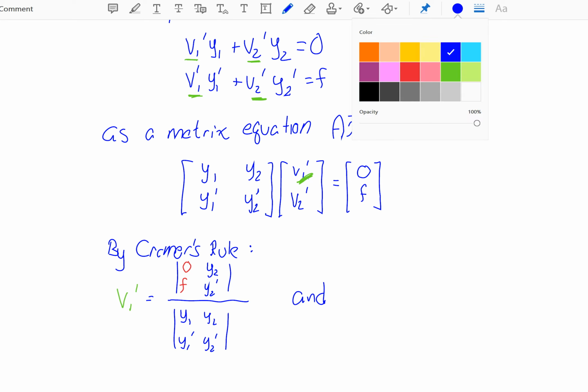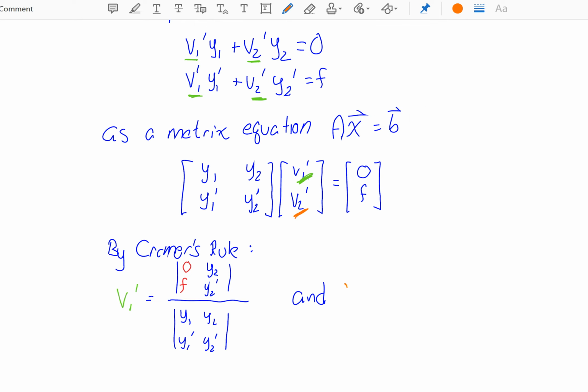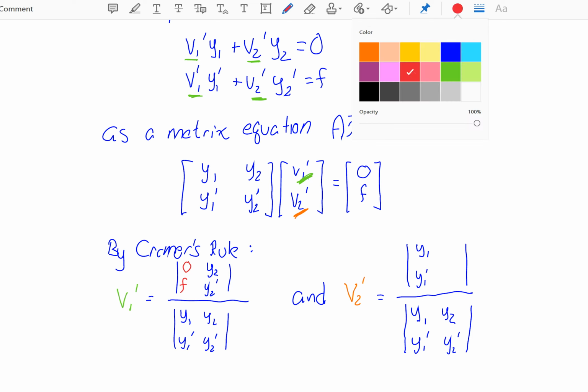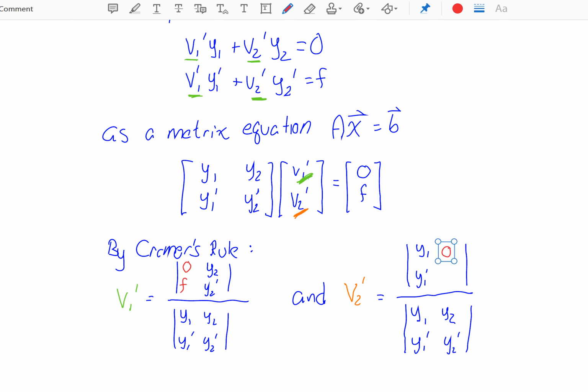Similarly, let's write an expression for v2 prime. v2 prime can be written as a division of two determinants, where your bottom determinant is your original matrix, and your second column is replaced with your right-hand side.